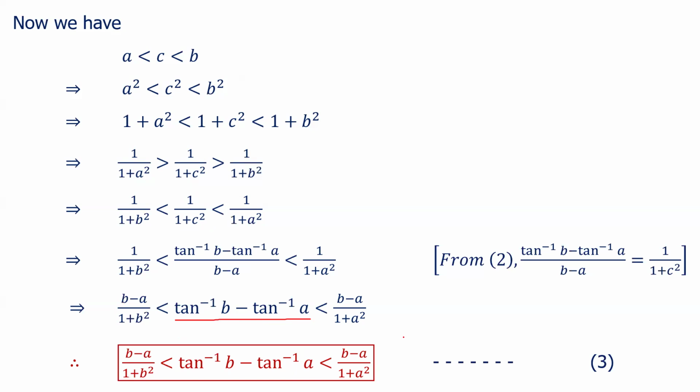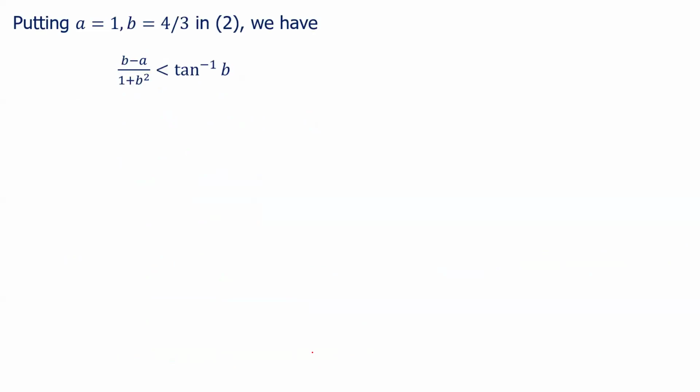Now, using this fundamental result, we have to prove another thing, which is also obtained by putting some value of B and A in this particular formula. Putting A equal to 1 and B equal to 4 by 3, we have B minus A. This is the given expression.